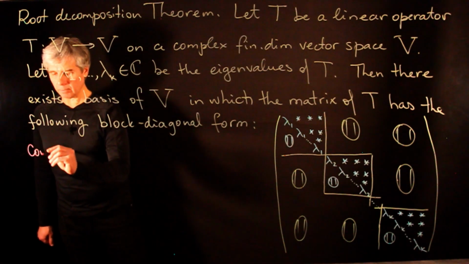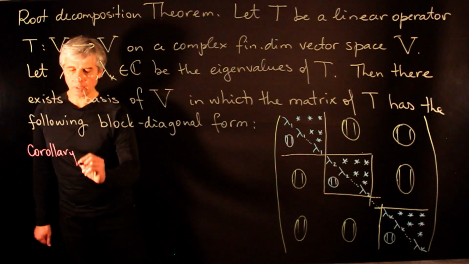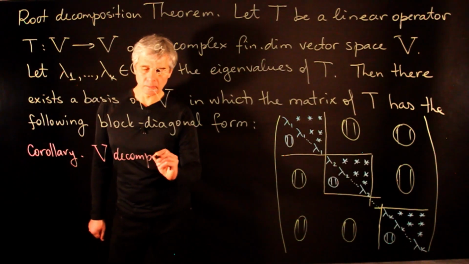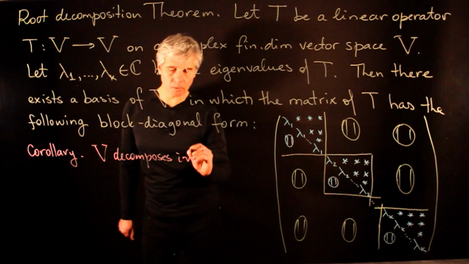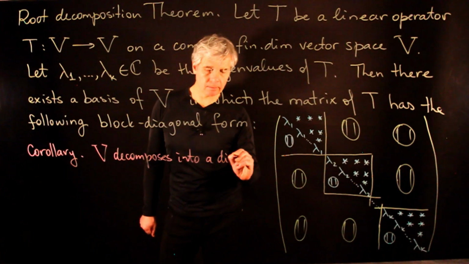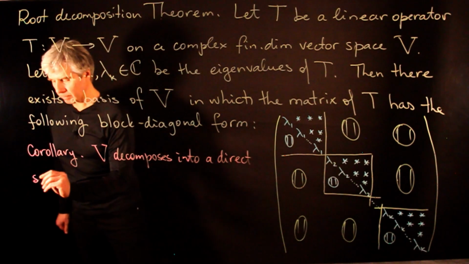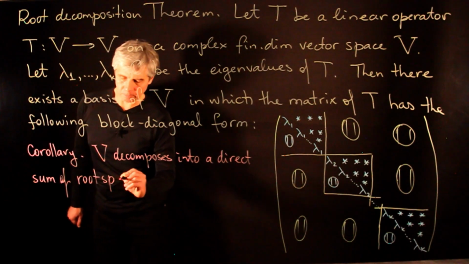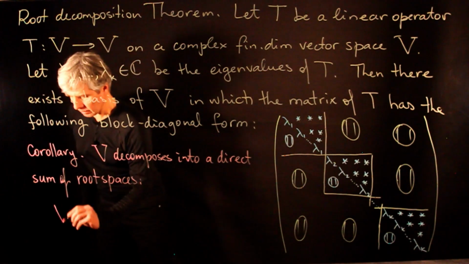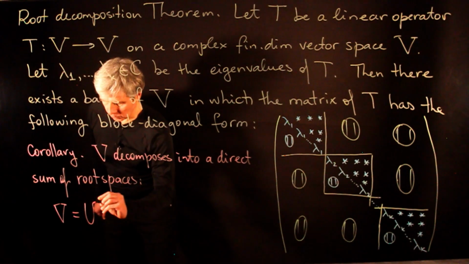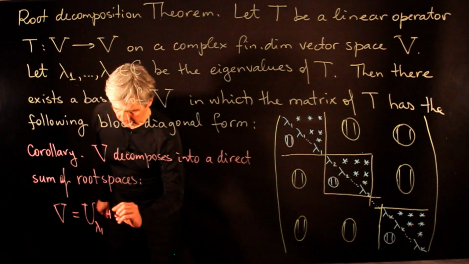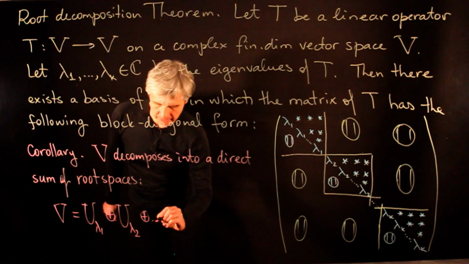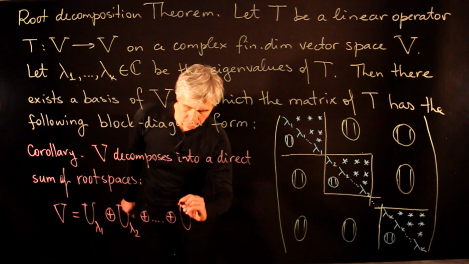So as a corollary, we get that V decomposes into a direct sum of root spaces. V is equal to u lambda 1 plus u lambda 2 plus u lambda k.